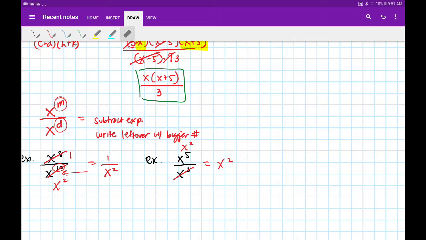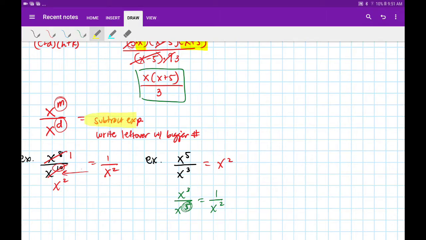Now observe the difference between x to the 5 over x cubed versus x cubed over x to the 5. What's the only difference here? Well, I've switched their locations, so that means that when I cancel these, I'm going to have my x squared in the bottom instead of the top. This is going to simplify to 1 over x squared because my bigger exponent is in the bottom.